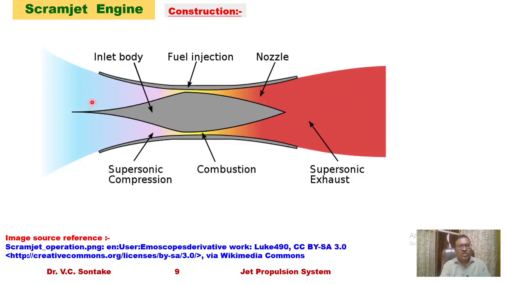It also consists of a diffuser, and this diffuser allows the air to flow at supersonic speed. Then fuel injection, combustion chamber and nozzle, similar to the ramjet engine.